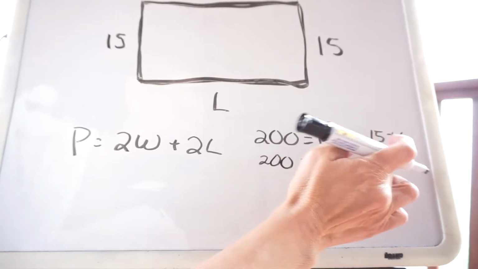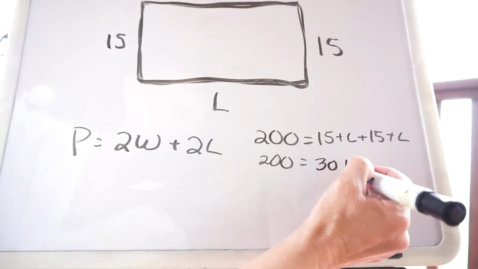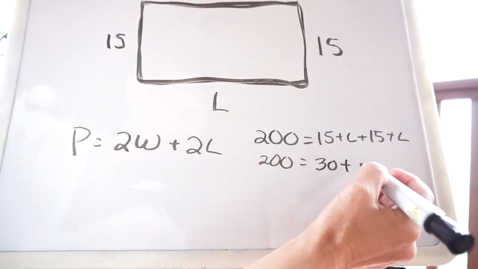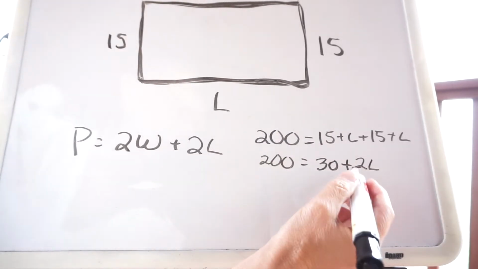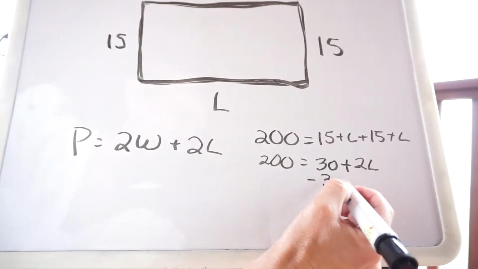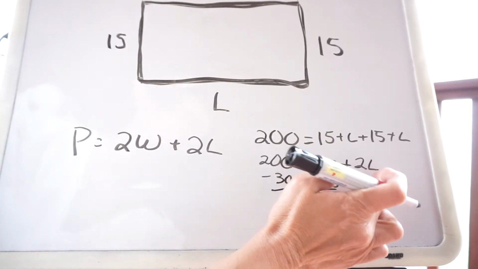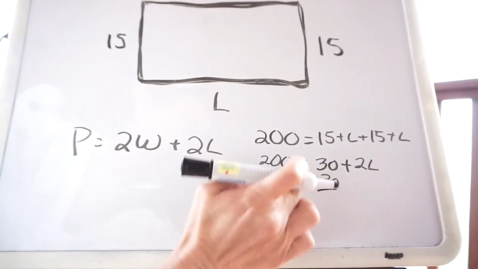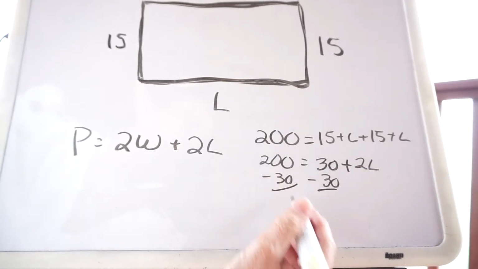So we can figure that here. 200 is, combining like terms, 30 plus, well, L plus L is 2L. Then to solve this equation, we subtract 30 from both sides, because what we're trying to do is get this variable by itself. We need to get rid of the number that's added to it, so we subtract it from both sides.